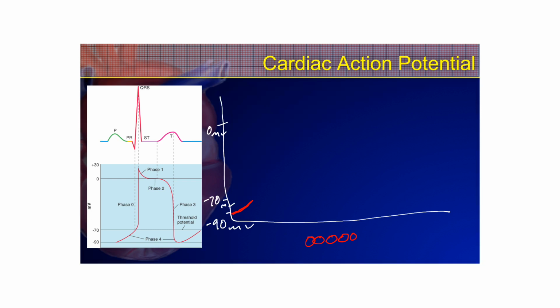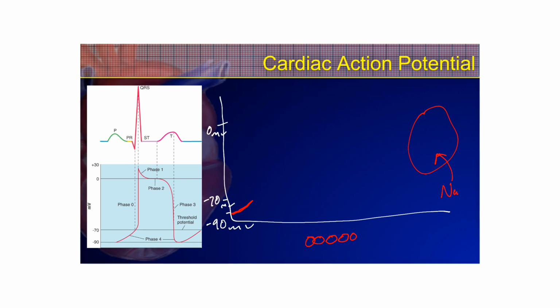And allow for the fast, these are the fast channels, and it allows for sodium, if this was a cell, okay, it allows for this sodium to enter into the cell, all right, because usually there's more sodium on the outside, more potassium on the inside, and now we're going to start having some of this shift, all right.